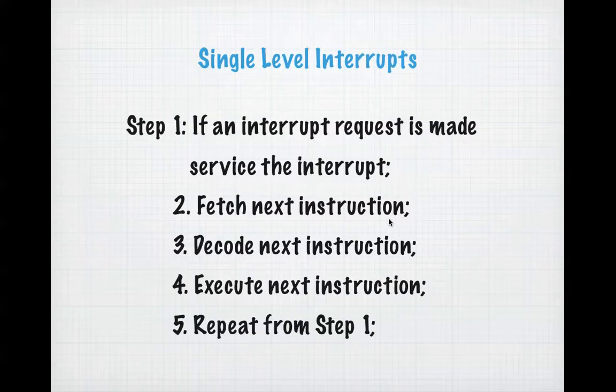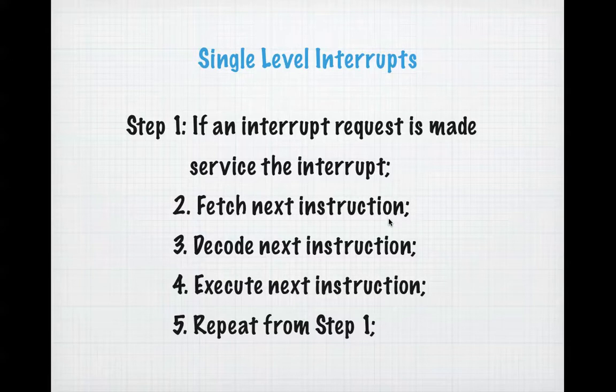So when I'm thinking about a single-level interrupt, I am primarily thinking about modifying the basic fetch, decode, execute loop that we've learned in the very early going when we first started to cover subjects in ENEE350.